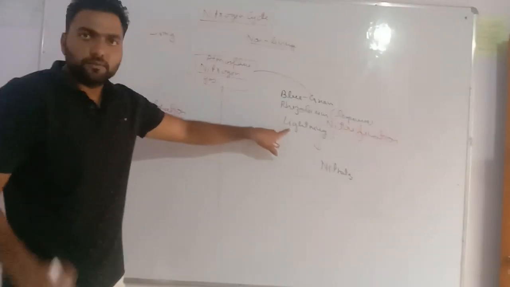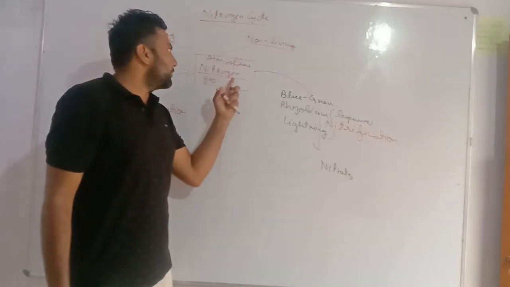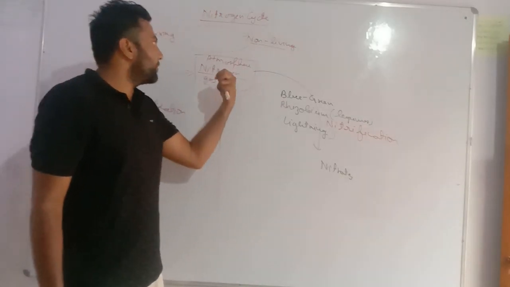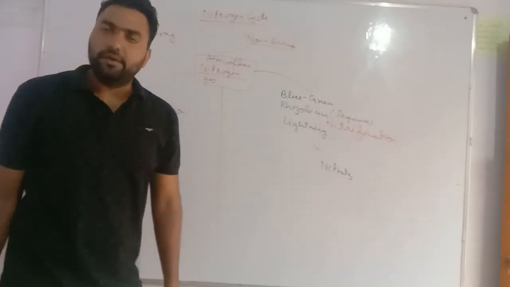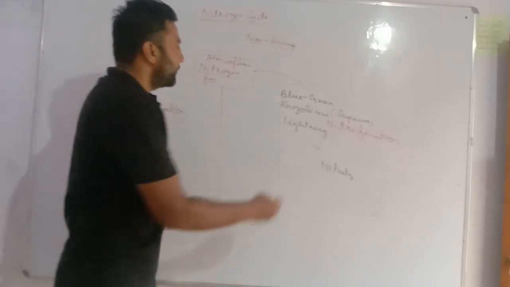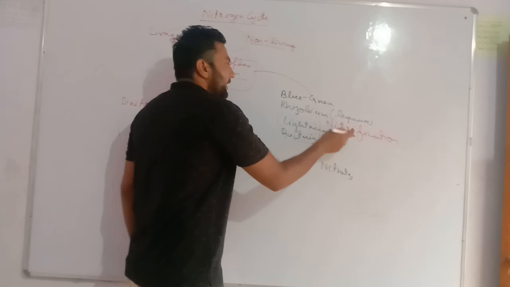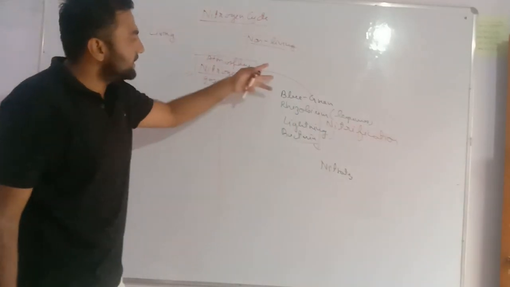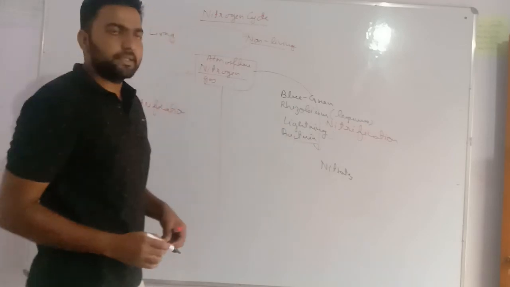During lightning the temperature is very high, which makes a chemical reaction happen between nitrogen and oxygen, and it gets converted into nitrates. See, my dear students, these are a few methods, and a few other bacteria also, known as nitrogen fixing bacteria. All these four convert nitrogen into nitrates.